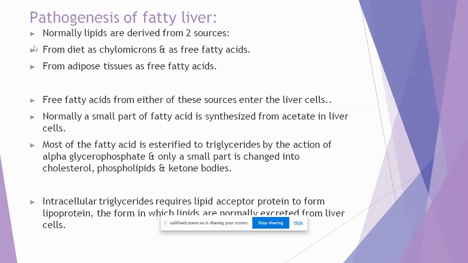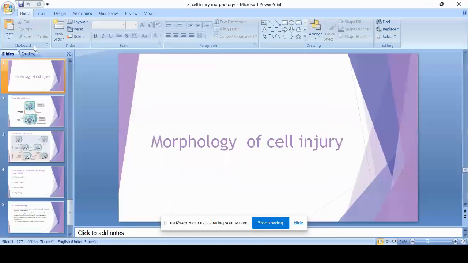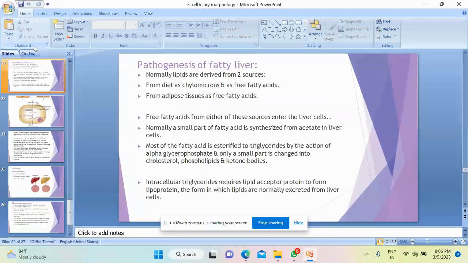Most of the fatty acid is esterified to triglycerides by the action of alpha glycerophosphate. Only a small part is changed into cholesterol, phospholipids, and ketone bodies. Intracellular triglycerides require lipid acceptor protein to form lipoprotein, in which form lipids are normally excreted from liver cells.